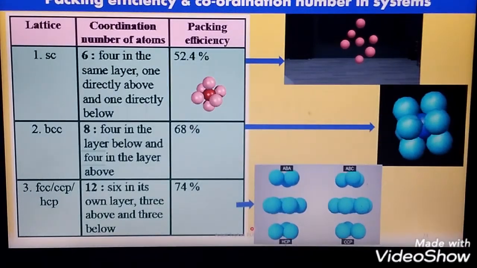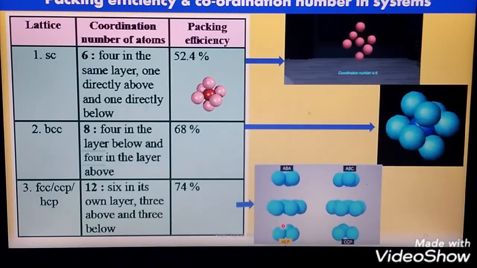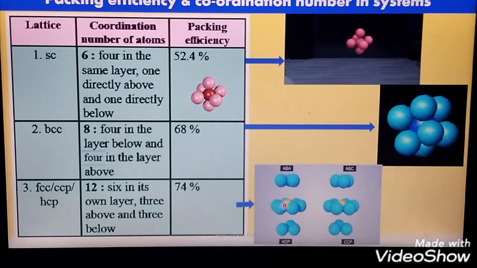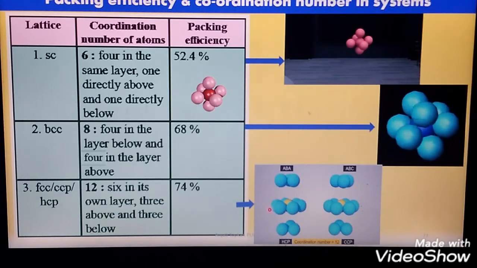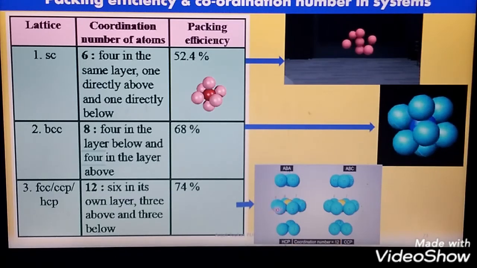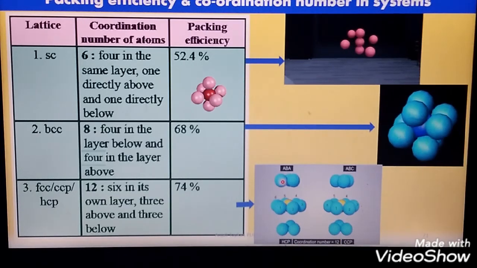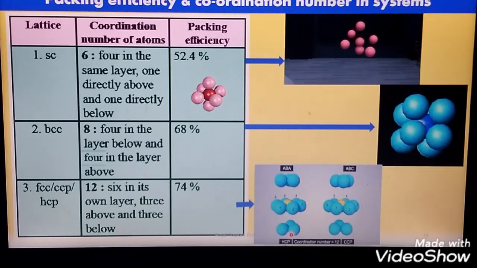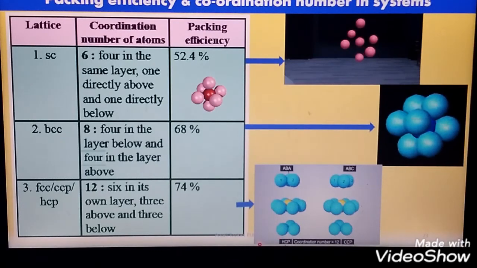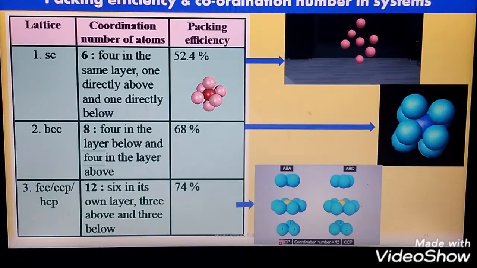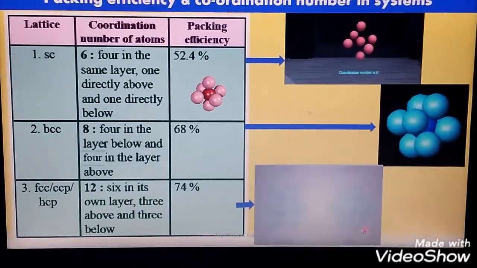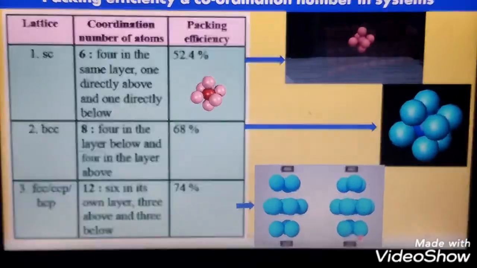Here you can see the yellow colored particle is surrounded in its own layer by 6 particles, 3 above and 3 below. This condition is in HCP, that is hexagonal close packing, and this you can see in cubic close packing.